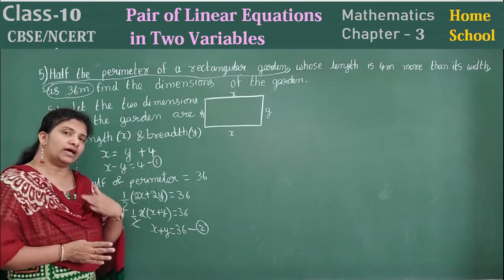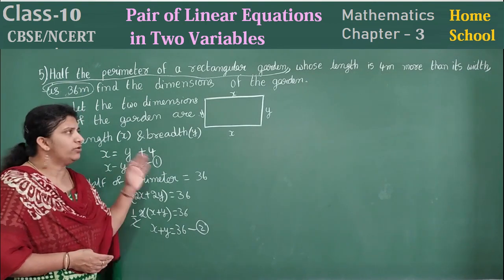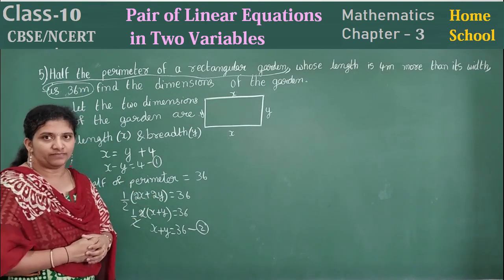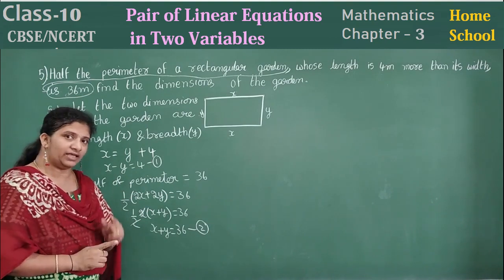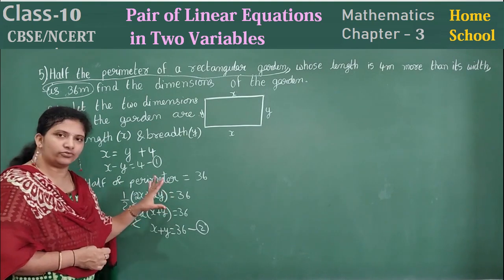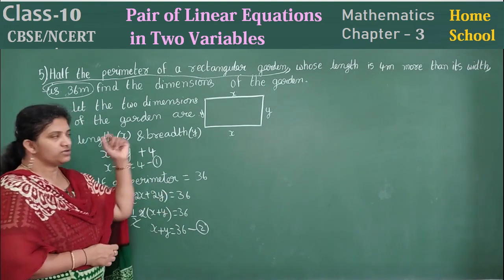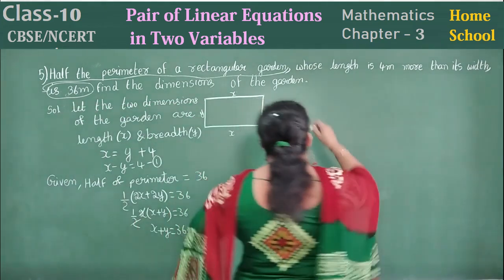After knowing all the other methods, that is substitution, elimination, cross multiplication, you can go with any method. Unless the word graphically is there, you can choose any other method. Otherwise, you have to do it with the graphical method only. So, I got the 2 equations. So, let's solve graphically.